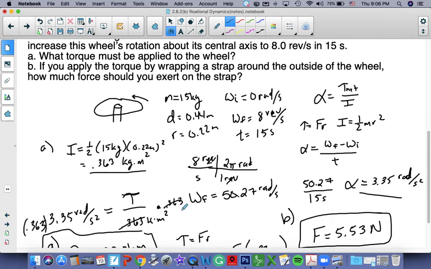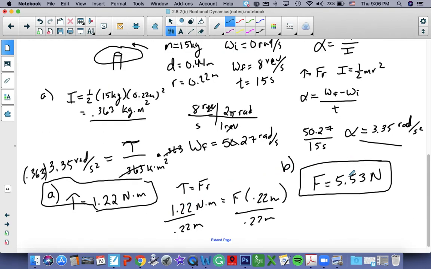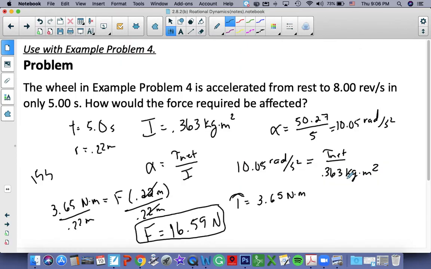Okay, so if we look here, we had 5.53, which makes sense that we had around 16.59. So that'd be about 3 times as much force to get it to go that fast in 1/3 of the time. Okay, so that's how we use Newton's second law of rotational motion.